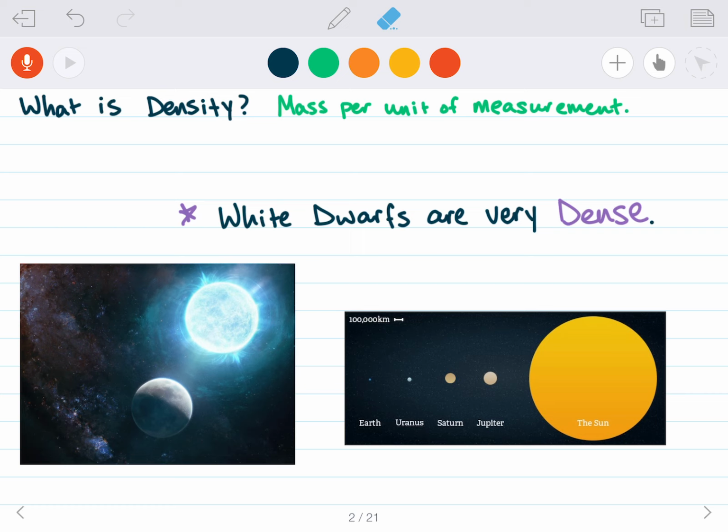To think about how dense this thing really is, if you have a white dwarf that's the size of the Earth, okay, so looking at this picture, we have a white dwarf the size of the Earth. The mass of that white dwarf is the same as the mass of the sun, okay? So all of that mass is packed in this little itty bitty dot. So white dwarf, very dense object, very cool thing to study if you're interested in astronomy.